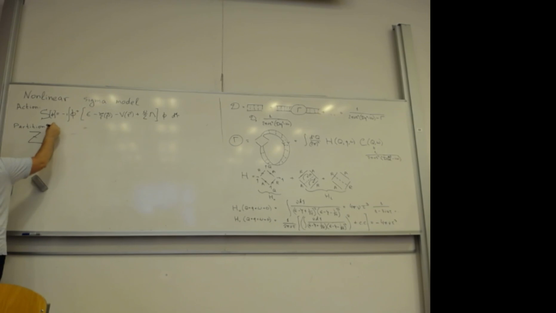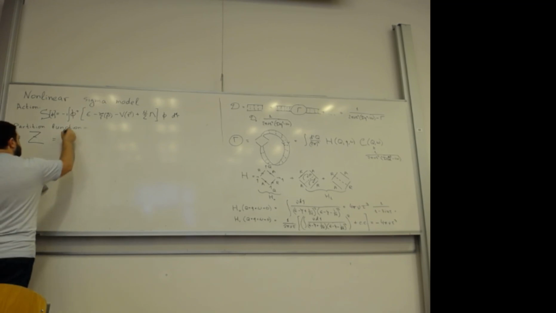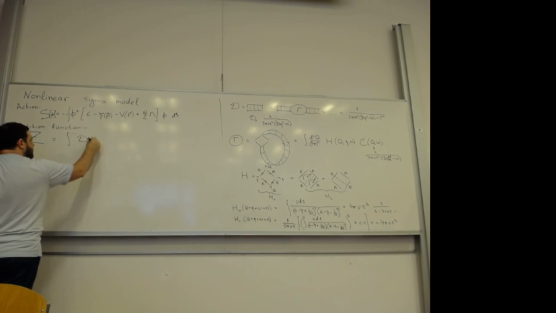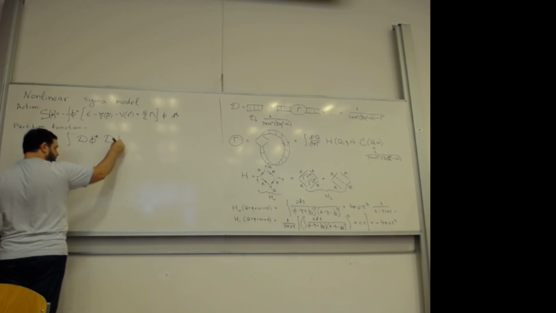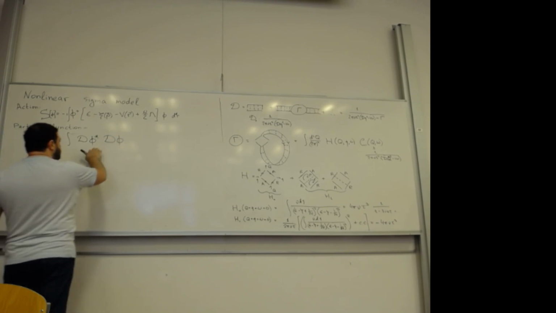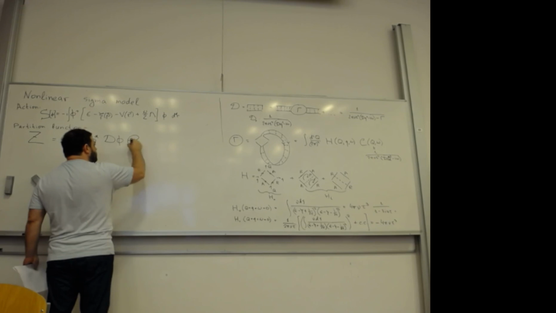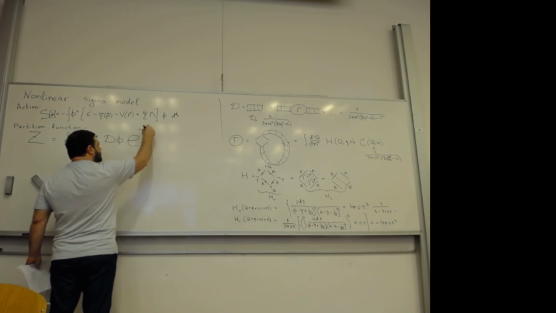Partition function of any model is just like a statistical sum of all possible states. It's the integral over all possible fields phi. Phi is the complex field, that's why it's phi star phi. Given it's the product of the exponent of minus the action.